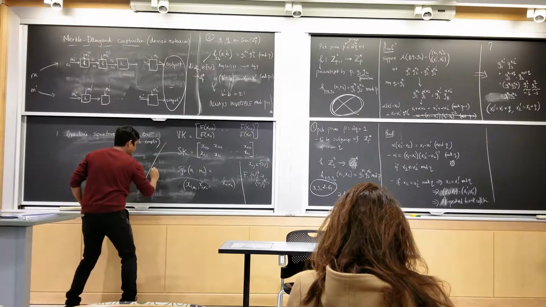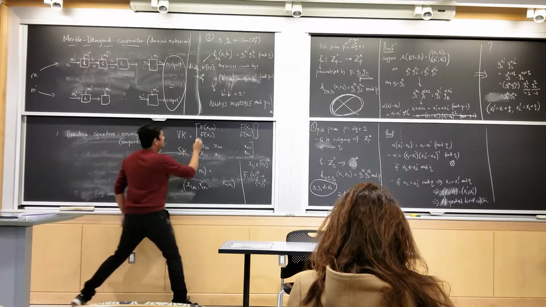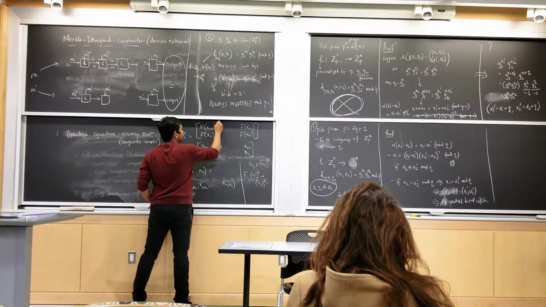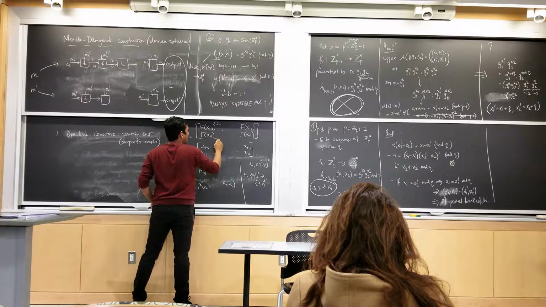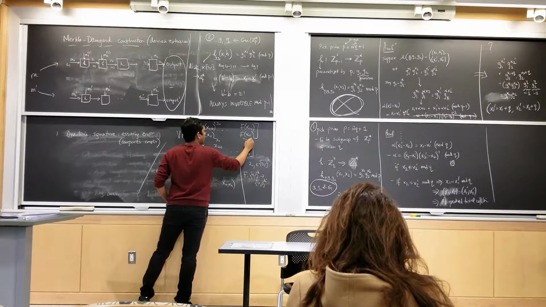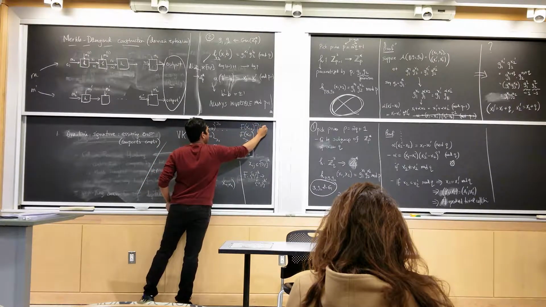So verification. Let me give these names. We'll call this y10, y11, yn1, and yn0.